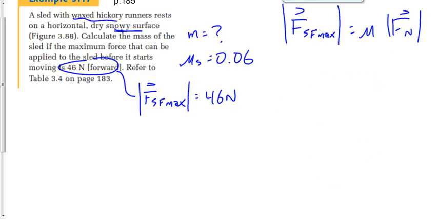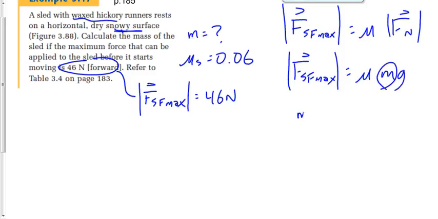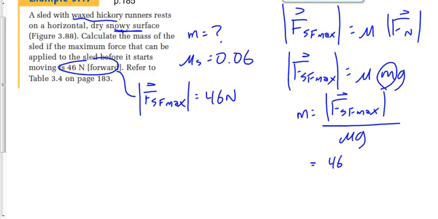We want to solve for mass. We're still going to make the same substitution, but we're going to rearrange it differently. It becomes F_SF max divided by mu times g. So it's 46 newtons divided by 0.06 times 9.81.